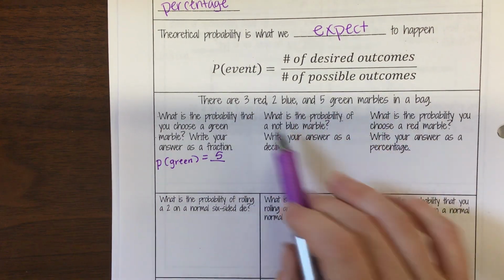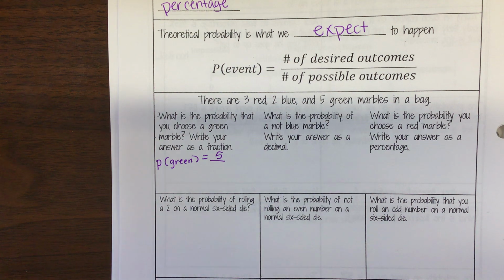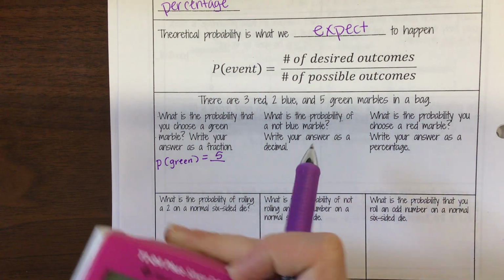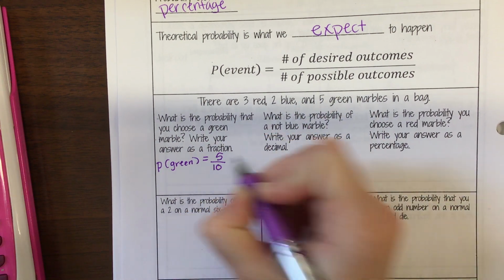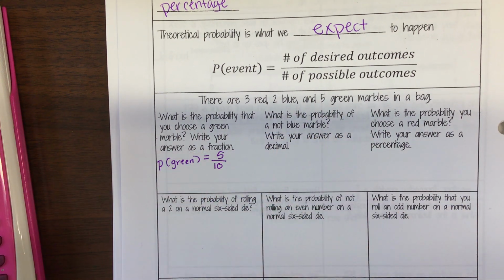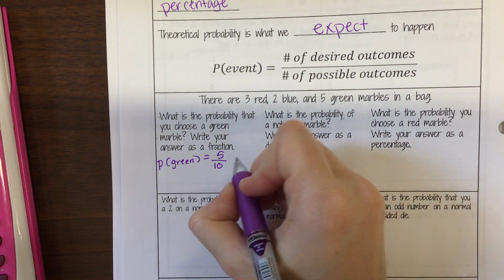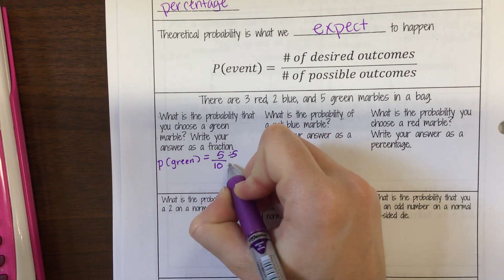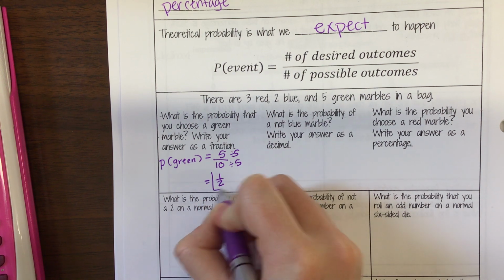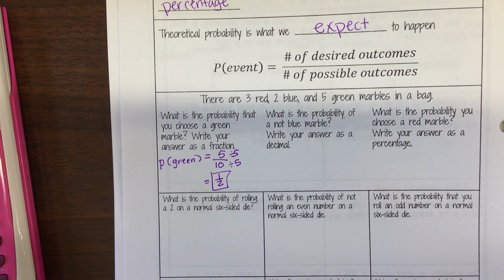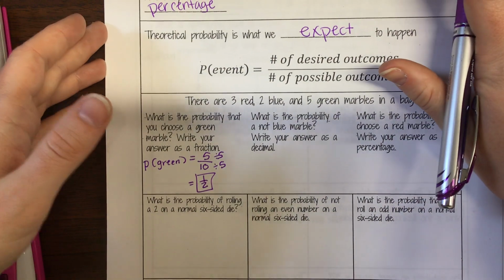So we're going to add the number of marbles together. So 3 plus 2 is 5, plus 5 is 10. So there's a 5 in 10 chance that you pick a green marble, and we're going to reduce that. You can divide by 5. So really, reduced, there's a 1 in 2 chance, or half, that you'll choose a green marble. Okay?